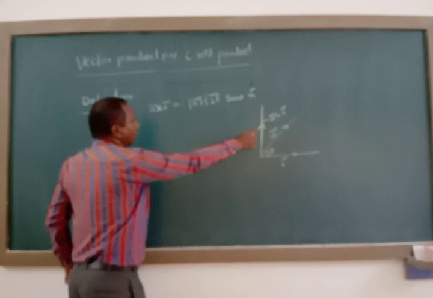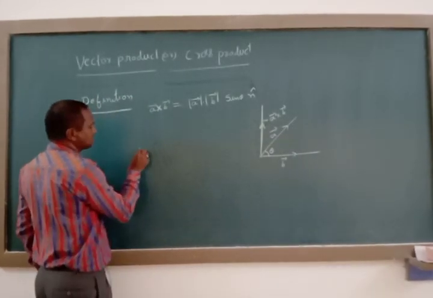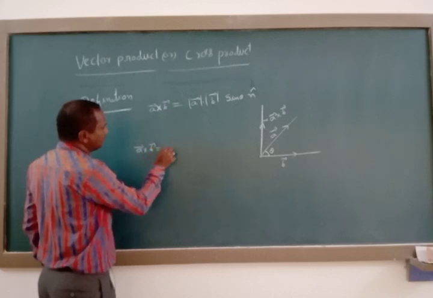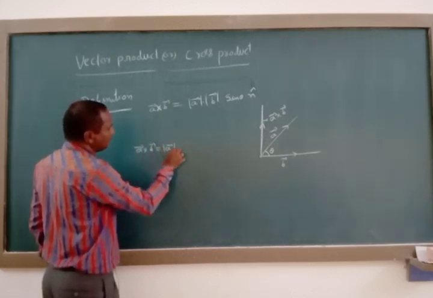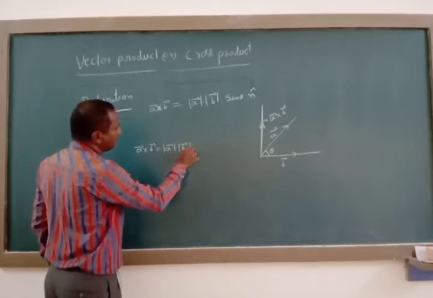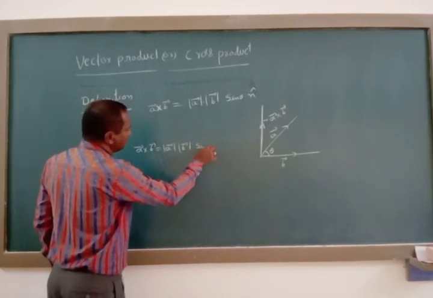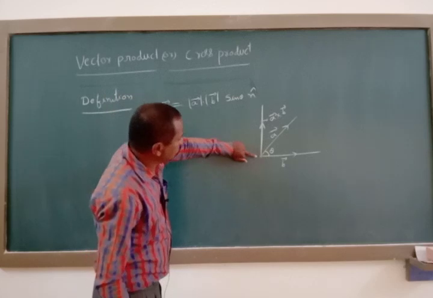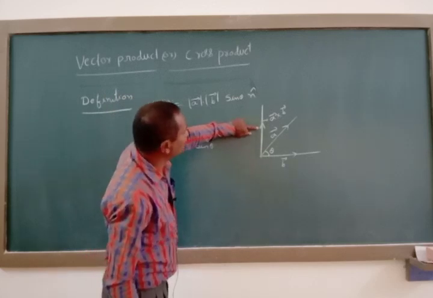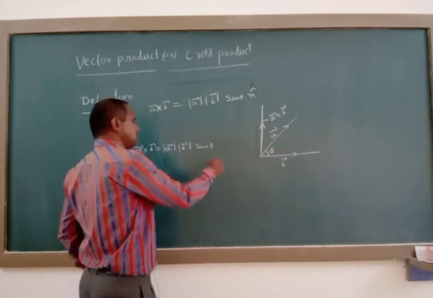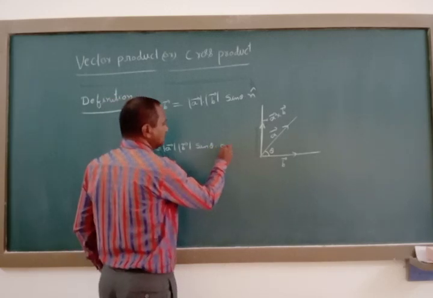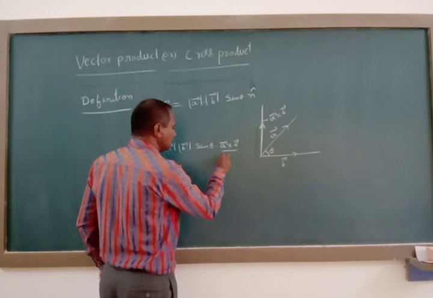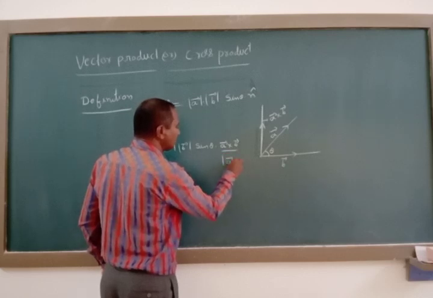Then A bar cross B bar is equal to magnitude of A bar into magnitude of B bar into sine theta into n cap, where n cap is the unit vector in the direction of A bar cross B bar. Instead of n cap we can write A bar cross B bar whole divided by magnitude of A bar cross B bar.